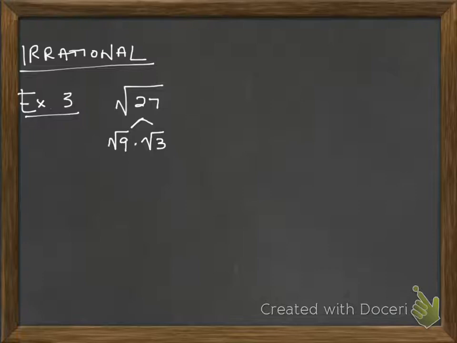Yes. The square root of 9 is 3. Can I simplify the square root of 3? No, so it's just going to essentially come down. So now I have 3 times the square root of 3. So my answer to this in simplified form is 3 square roots of 3.